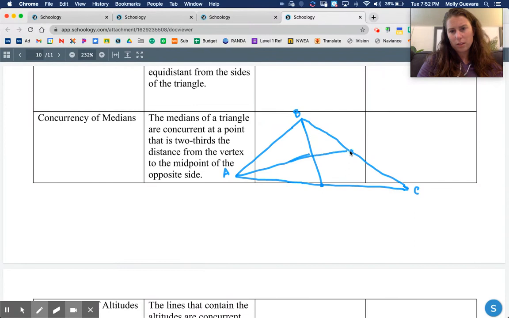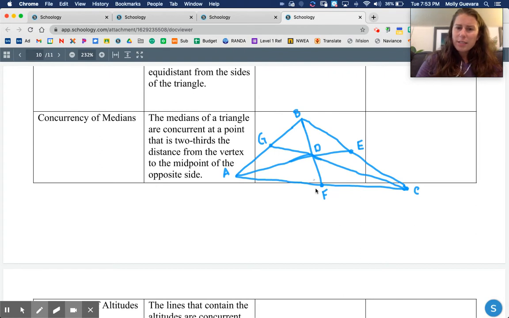Holy moly, there's another median. And then somewhere in here, there is our last median. Okay, and I'm going to label this point D. Then I'm going to label this E, this F, and this G.